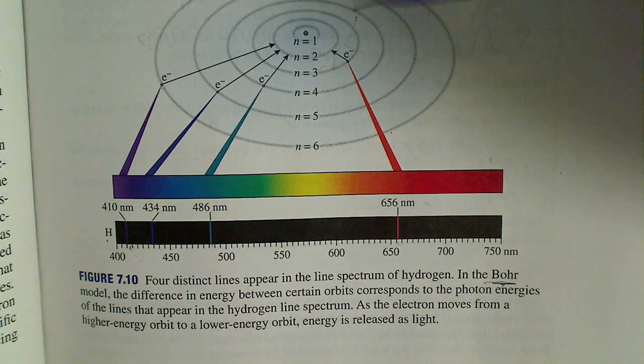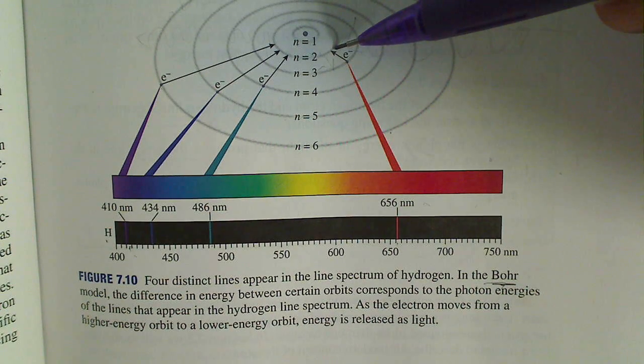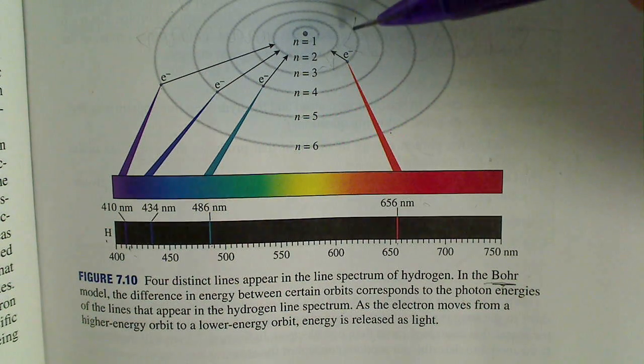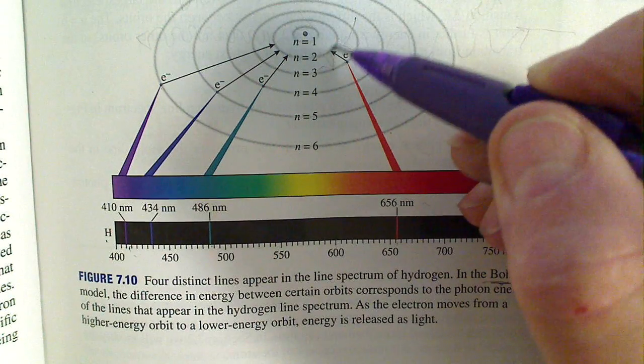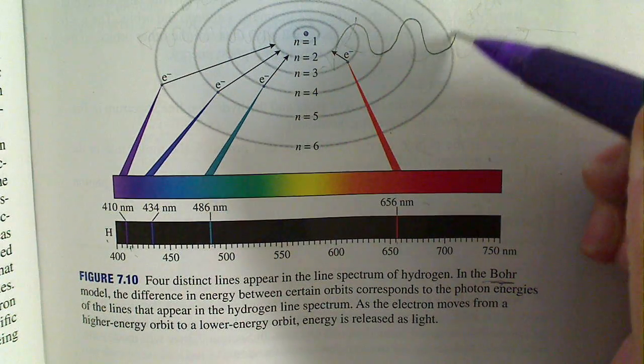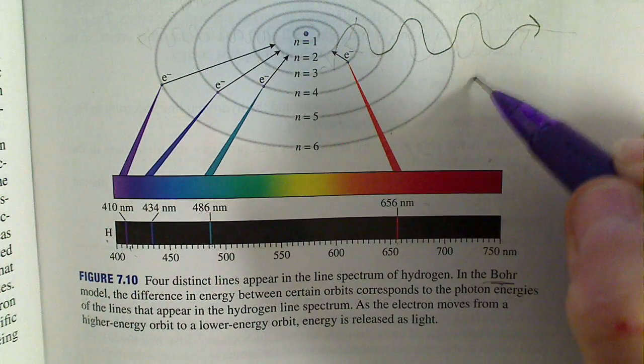So the red line is when the electron falls from energy level 3 down to energy level 2. That's a small energy difference, and so we have a long wavelength. When that occurs, that will give off energy and release a red photon.